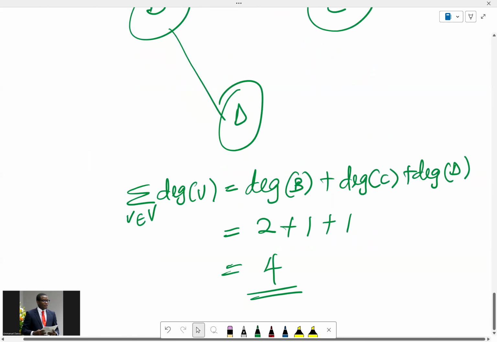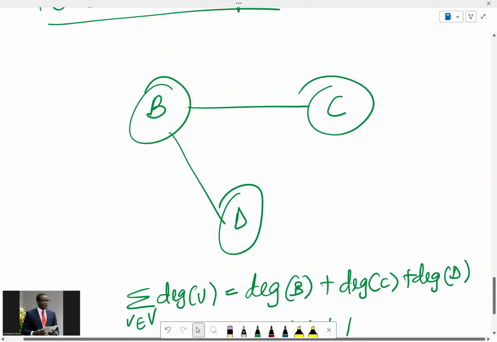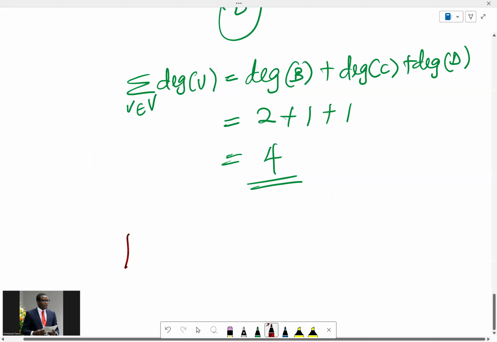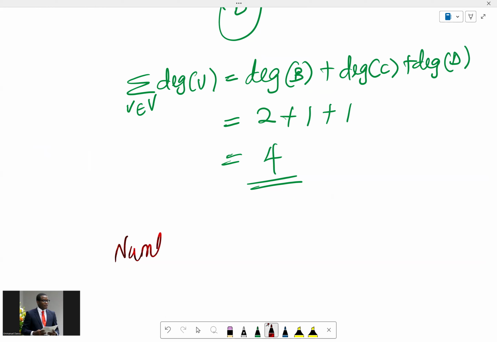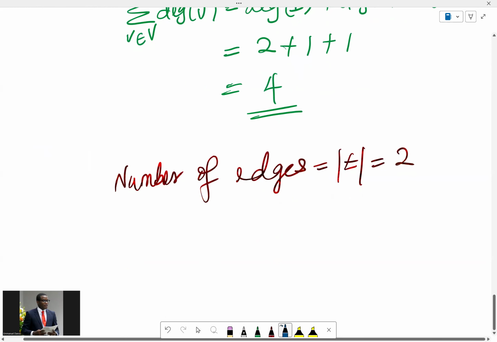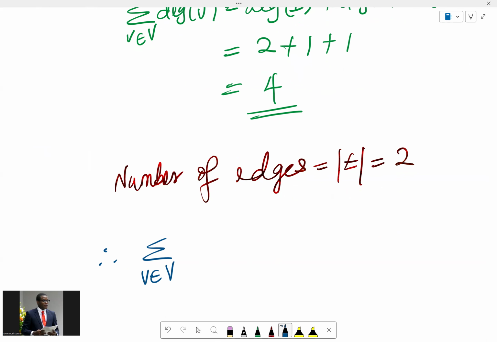But then, what is the number of edges? The number of edges is actually 2. So the summation of the degree of all vertices is actually 2 times this.